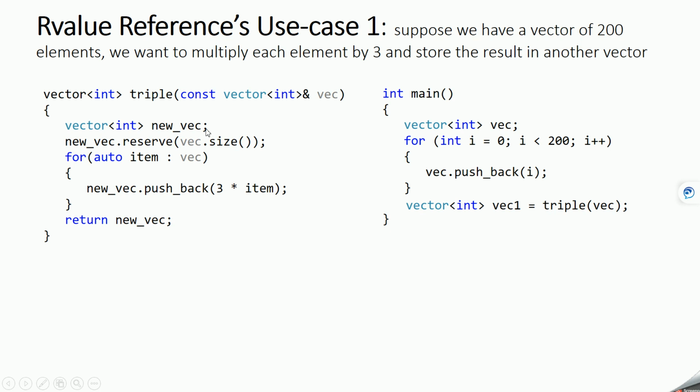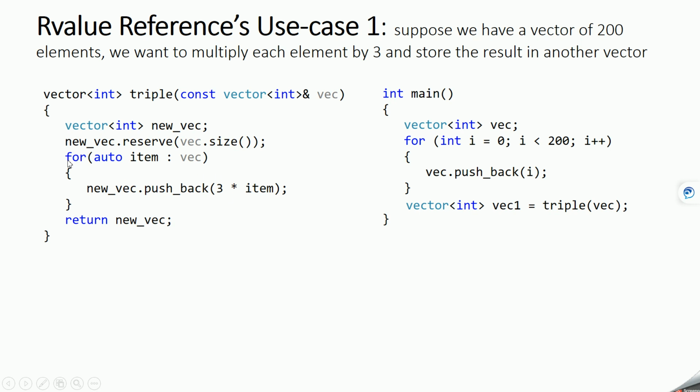When it comes over here, it will create a new vector whose size is the same as the passed vector, that is 200 elements. And now with the help of this range based for loop and auto keyword, we will iterate over this vector's elements, and each element we multiply by 3 and add into this newly created vector.